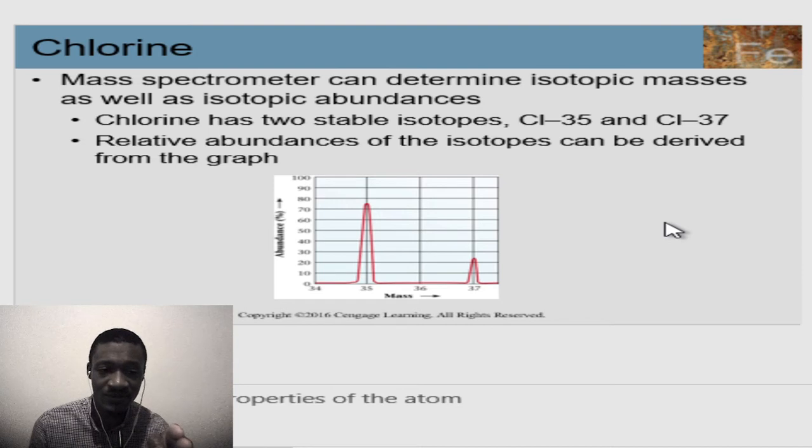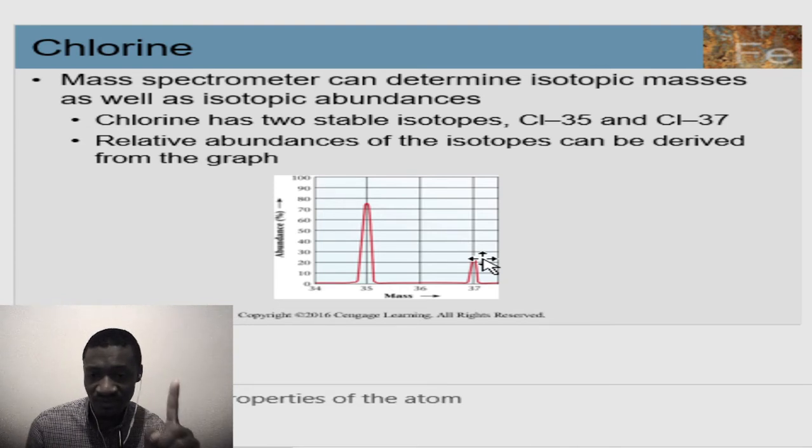So in the graph you have, notice that there's a plot of the percentage abundance against the mass, and chlorine has two isotopes. One of them is 35 or about 35, and the other one is 37. The isotopic abundance of the first is around 70 something, and for 37 it is around 20 something.